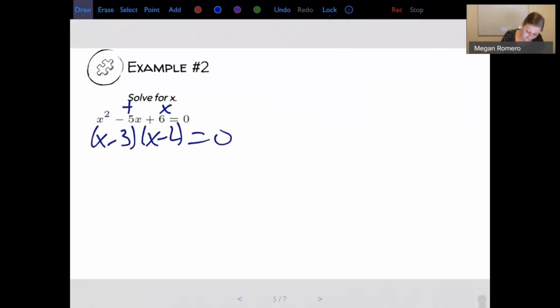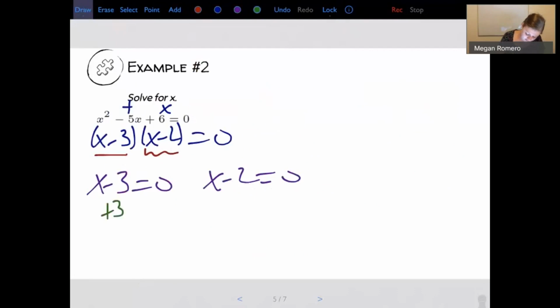So again, if x minus 3 were equal to 0, it doesn't matter what x minus 2 would be, because 0 times whatever that is would be 0, and we would solve the equation. And same thing for x minus 2. Okay, so we set each of our factors equal to 0 and solve. We'd have x equals 3 and x equals 2.